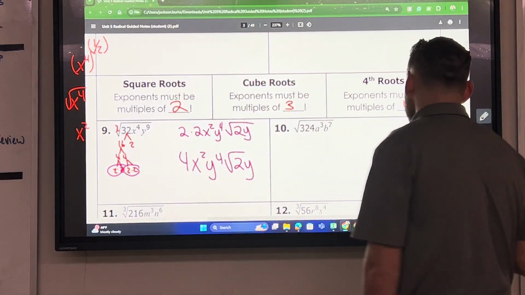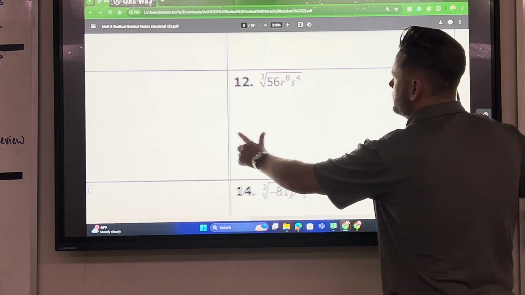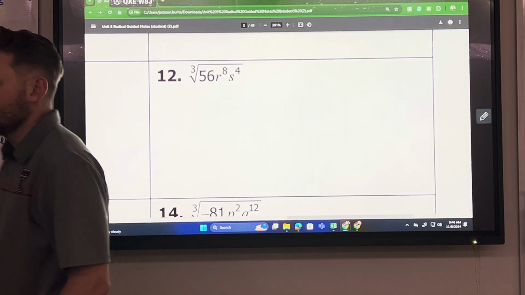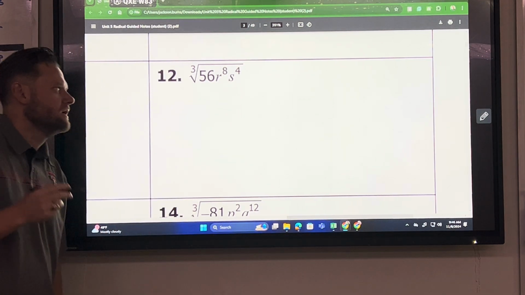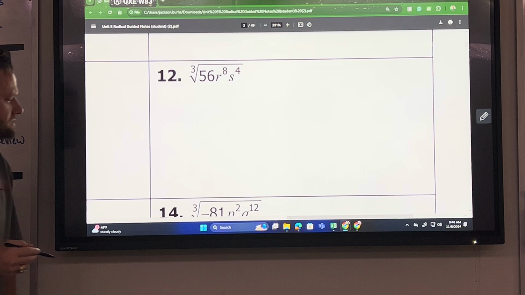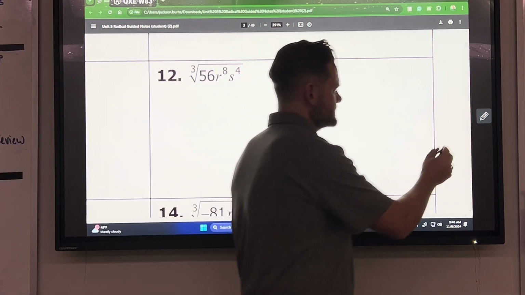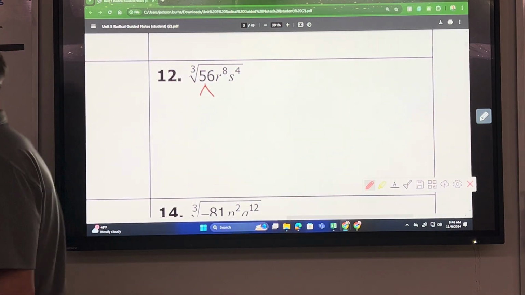All right, let's do a more complicated one with a cube root. So number 12 here. On number 12, I have a cube root of 56, r to the 8th, s to the fourth. So I can factor my 56 and look for those groups of 3 that I can take out.